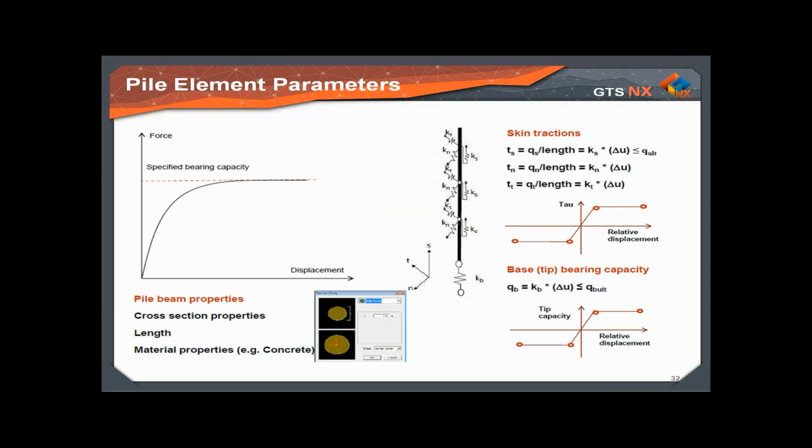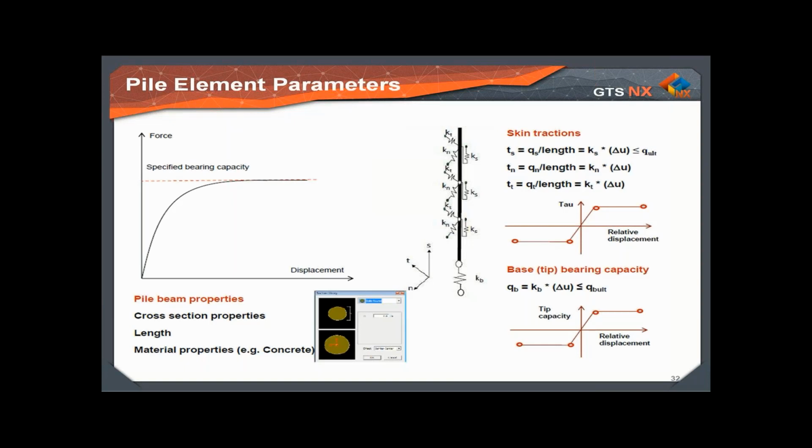That means it equals the Ks, which is the stiffness of the input, multiplied by its relative displacement between the soil and the pile, and these are in different directions. The Ts, which is an actual traction, the shear traction, should be less than or equal to the Q ultimate that has been input in your model.